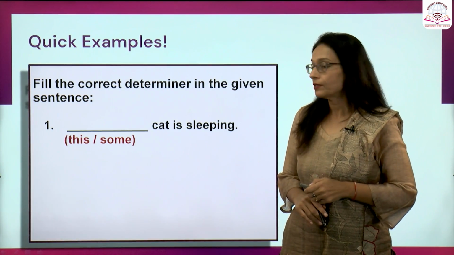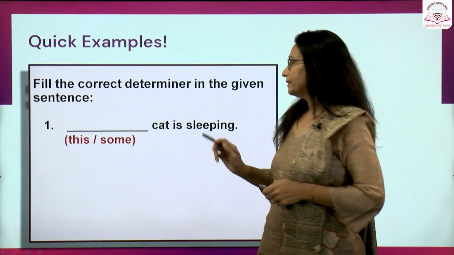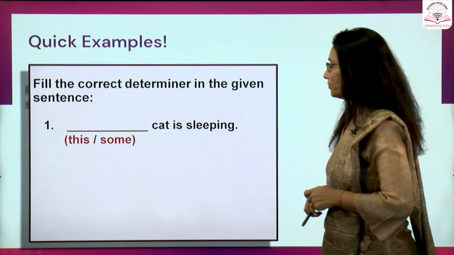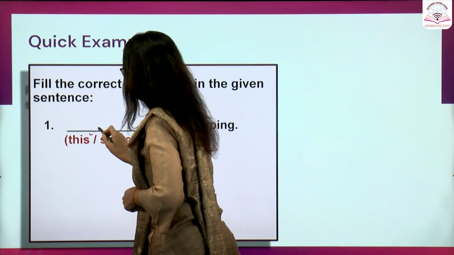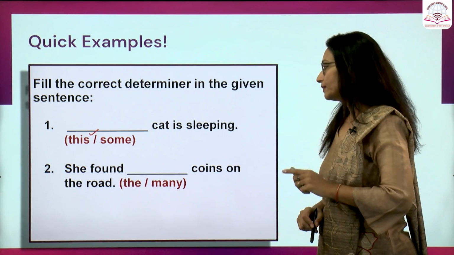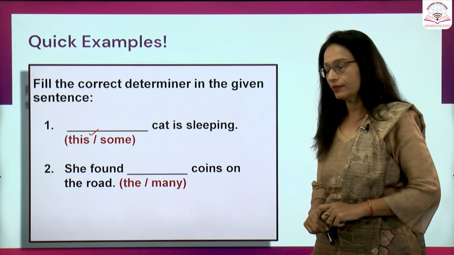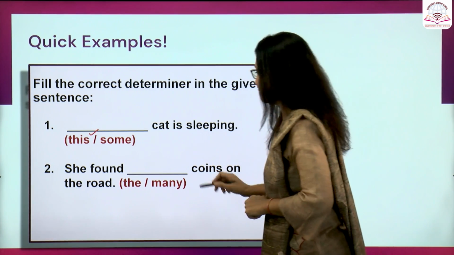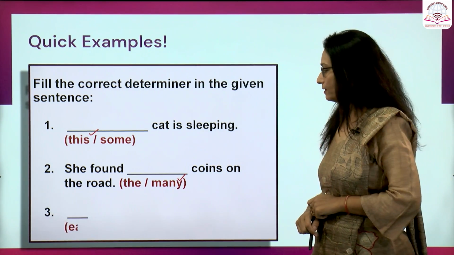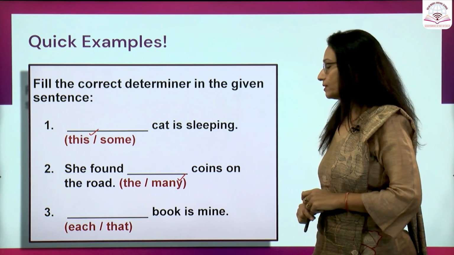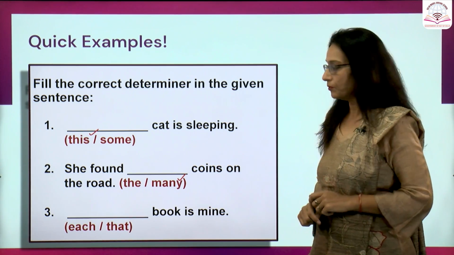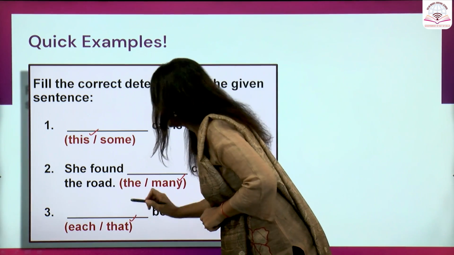Now, the first sentence that we have is dash cat is sleeping. So the correct word here would be this cat. Now the second sentence, she found dash coins on the road. The correct answer here would be many coins. Let's move to the next sentence. Dash book is mine. So the correct option, the better option would be that.